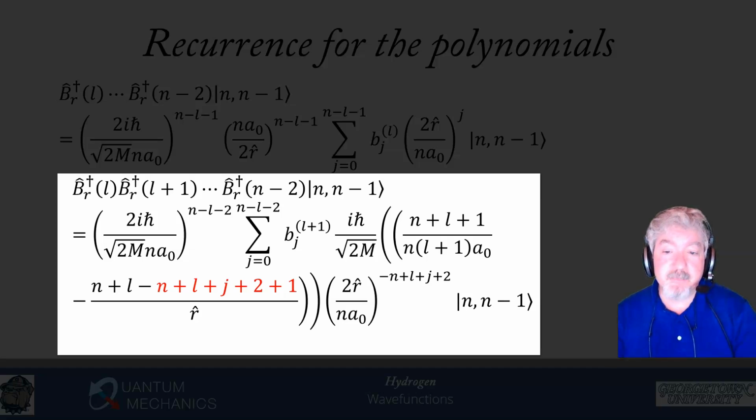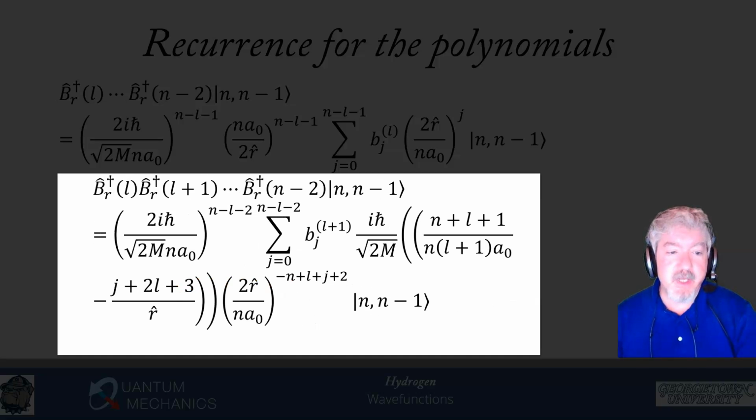Now we pulled the i h bar out, and then we're left with this contribution. Notice that we have two terms. We have a constant term and we have a 1 over r term. We're going to simplify the terms, get rid of the terms in red that cancel. You can see the n and the minus n will cancel out. I'm going to be left with this j plus 2l plus 3.